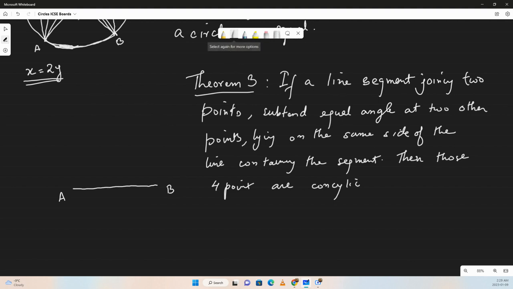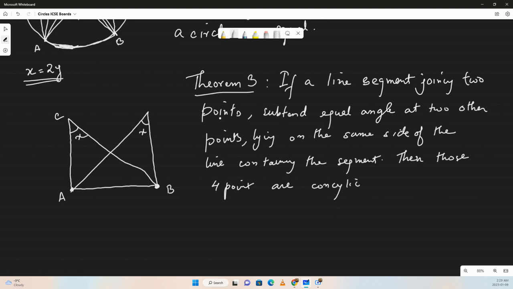So if a line segment joining 2 points, let those 2 points be A and B, subtends equal angle at two other points lying on the same side of the line, let's say point C and point D, then these angles X and X are equal.